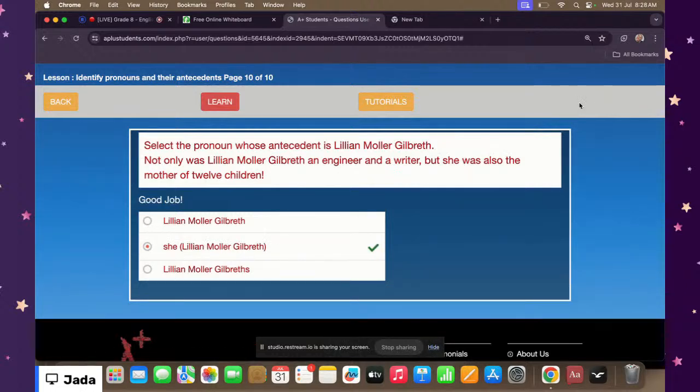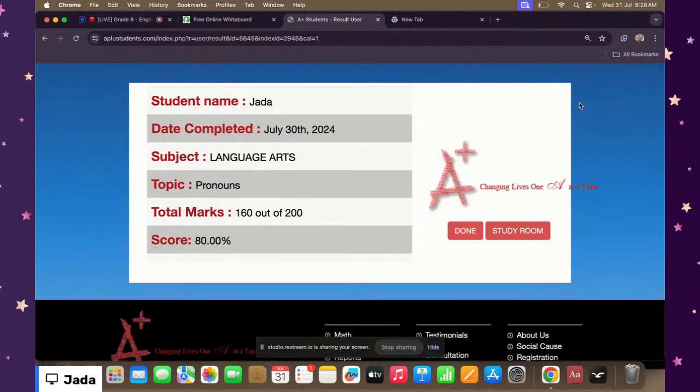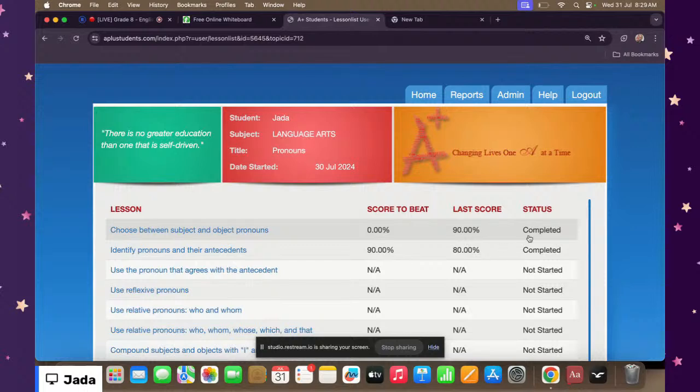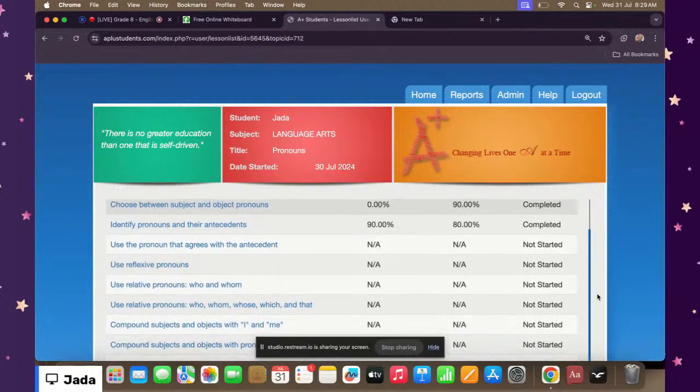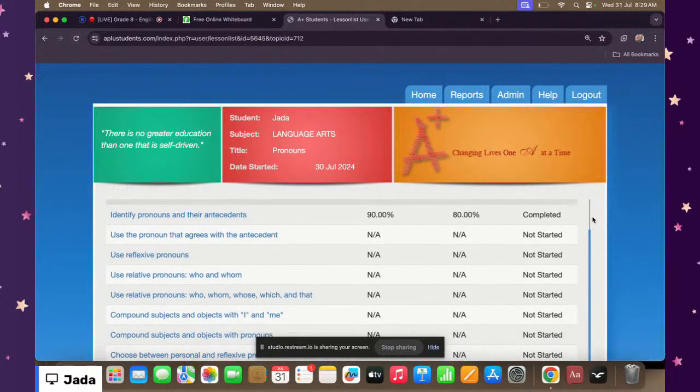Okay, so that's it for identifying pronouns and their antecedents. If you haven't completed this test, make sure that you complete it. We'll move on to the third lesson, but that'll be the lesson for today. We have some more lessons, but we will do that in our other class.